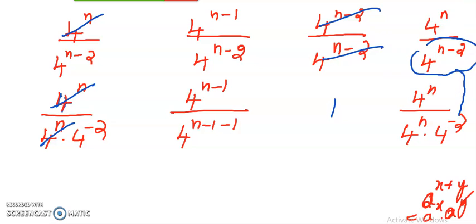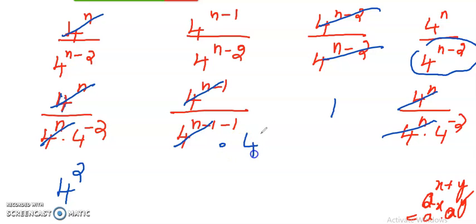So now what happens? This will be eliminated. Then here we have 4 square. Here this 4 power n minus 1 and 4 power n minus 1 will be eliminated. We have 4 power minus 1. Take this to the numerator, 4. Here it is 1. Take this to the numerator, 4 square. So actually I have taken only the coefficients.